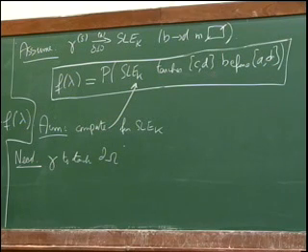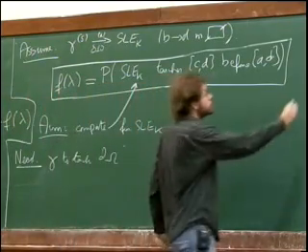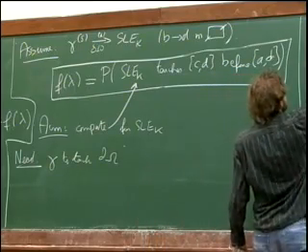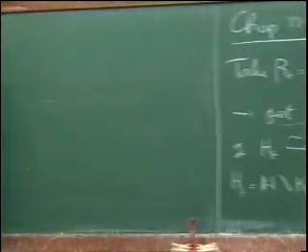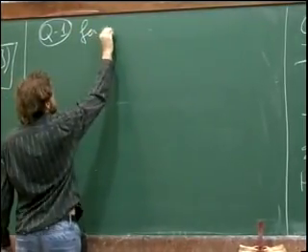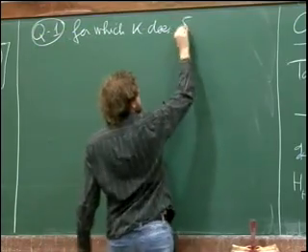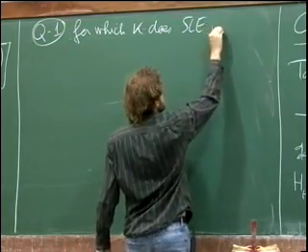So the first question, well, the question number 0, before we determine what kappa is: for which values of kappa do we touch the boundary, and for which values of kappa don't we touch the boundary? So the question: for which kappa does SLE in H touch the real line?